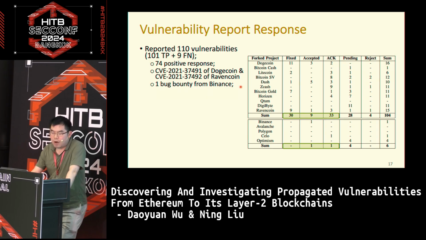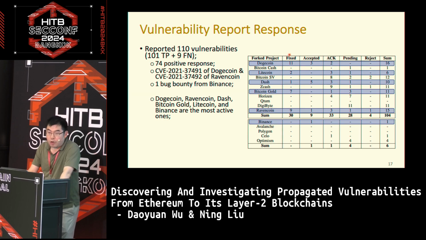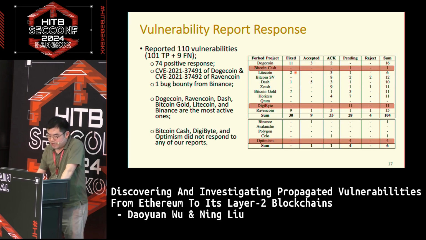We also received one bug bounty from the Binance case. So this is the good situation. In particular, these highlighted blockchain vendors were quite active in responding to our vulnerability reports, especially Dogecoin. They were quite active and fixed their vulnerabilities shortly after we reported them.